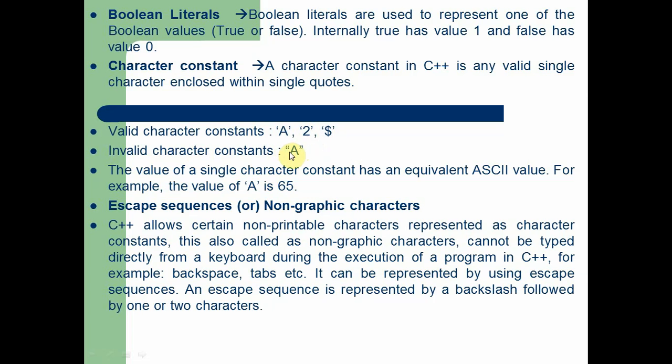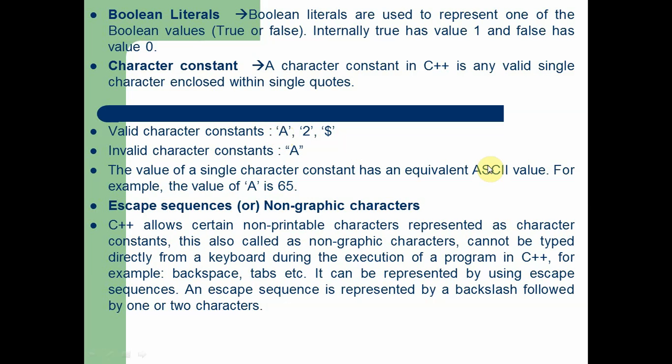See here, this one is invalid, this one is valid, because here we use double quotation, here we use single quotation. As per C++ rules, a character constant should be enclosed with single quotes only. We cannot use double quotes. The value of a single character constant has an equivalent ASCII value, so all the ASCII values can be used in character constants.